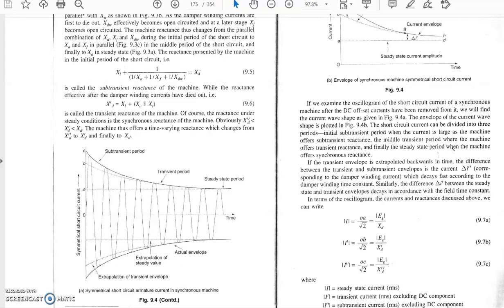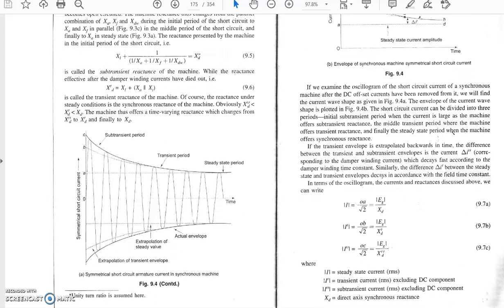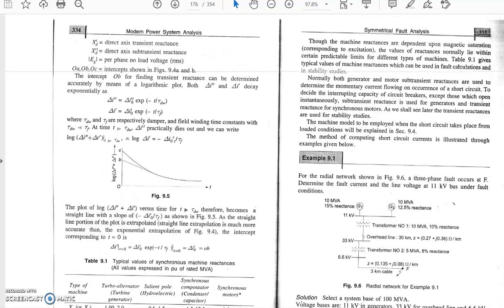So according to the time period, the current divides into three parts: subtransient current, transient current, and steady state current. Similarly, the reactance has three types: XD double dash, XD dash, and XD.